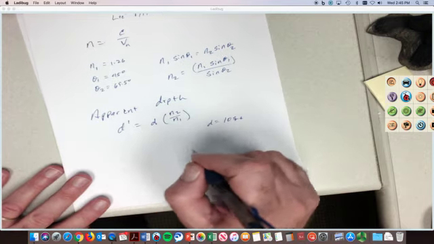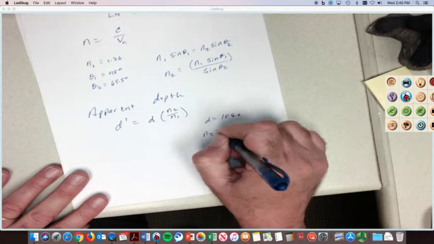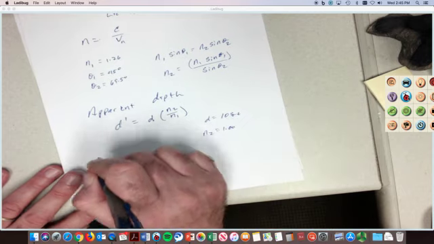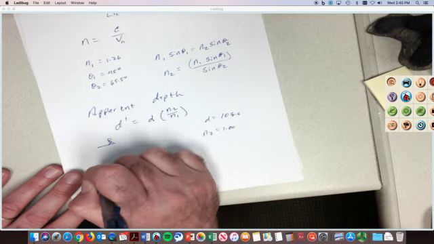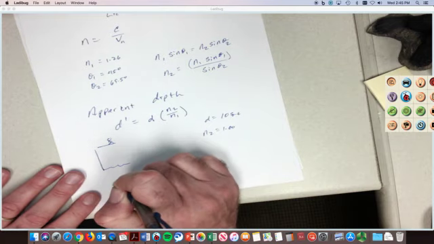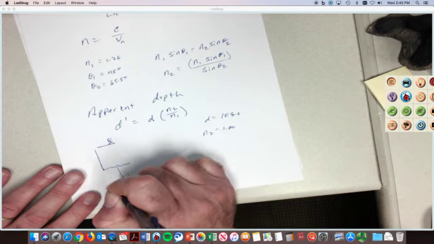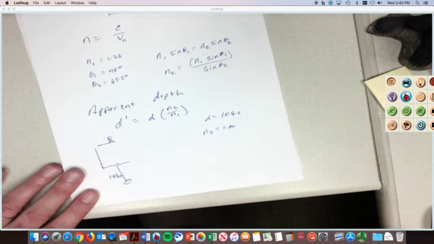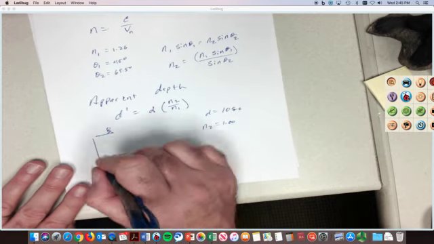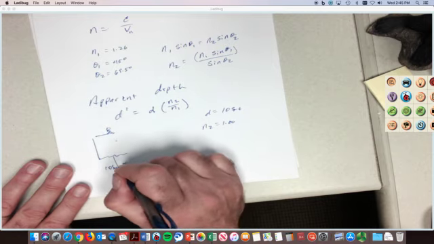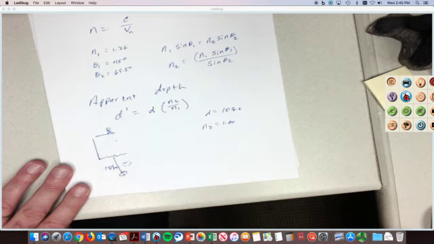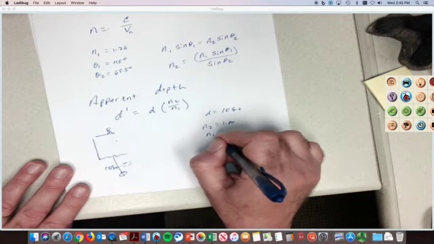you are looking at it from N2 equal to 1.00, the observer on the diving board. So if you're up here on this diving board, looking down into the water at the drain down here, which is 10 feet down, you think it's 10 feet, but it actually looks to you like it's up here, because N1 is equal to 1.33.